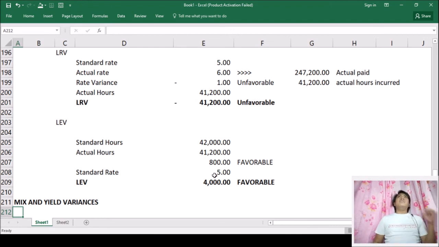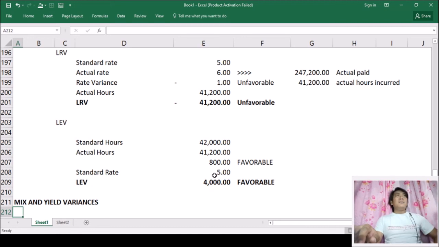Itong mix and yield variances, lalabas lang to if a particular product is produced because of multiple materials used and multiple labor categories.